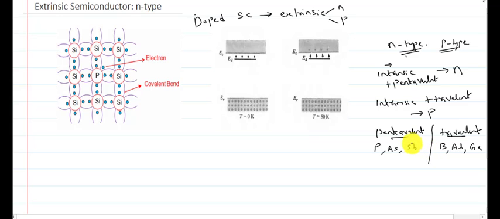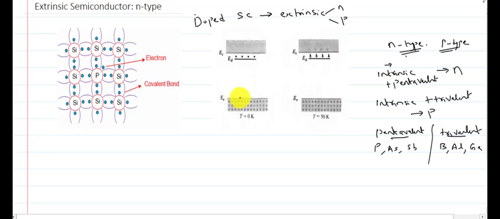Pentavalent impurities means valency 5 and trivalent impurities means valency 3. So on doping an intrinsic semiconductor with pentavalent impurities, we will get an N-type semiconductor. And on doping an intrinsic semiconductor with a trivalent impurity, for example boron, aluminium, gallium, we will get a P-type semiconductor.